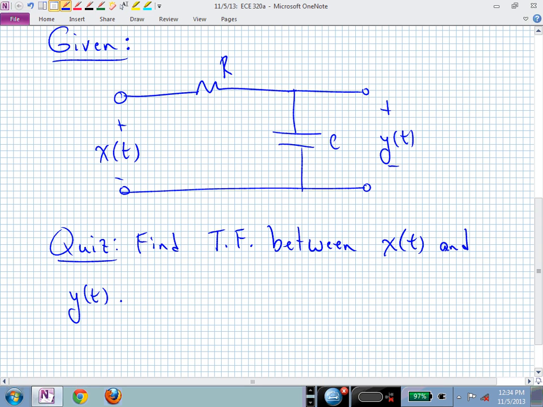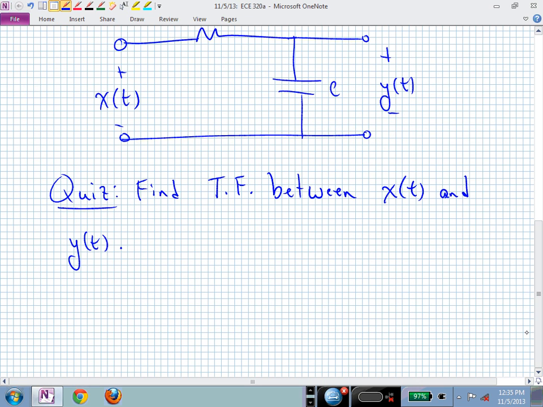The idea behind this is if we have the transfer function, then maybe we can run with that to determine other things. For example, let's say that we've now answered this problem. We now know the transfer function between x and y. Maybe we'll revisit that.